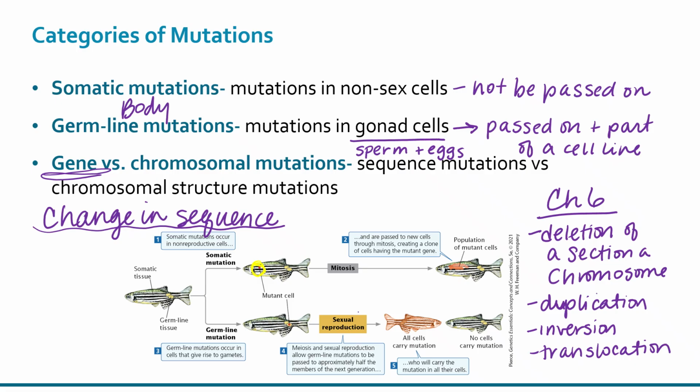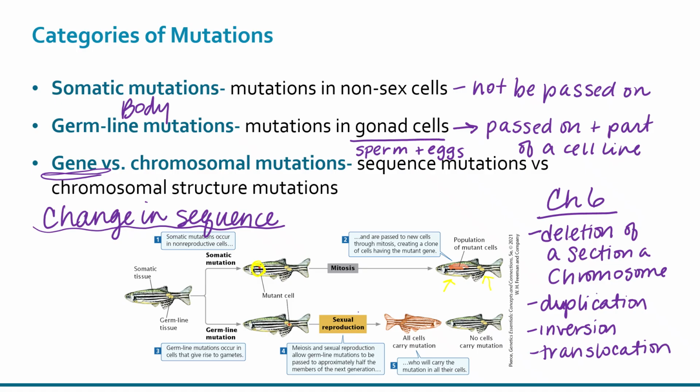And so it's only going to be found in this particular fish. In this case, it's on the skin or the scales of the fish. And since it is not being found in the gonads, then it's not going to be passed on.